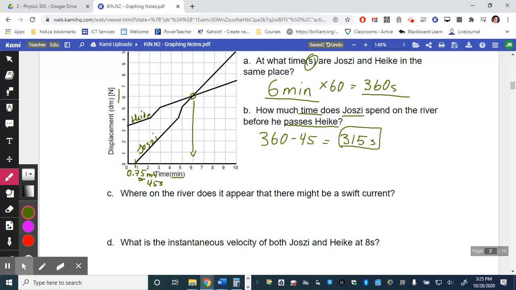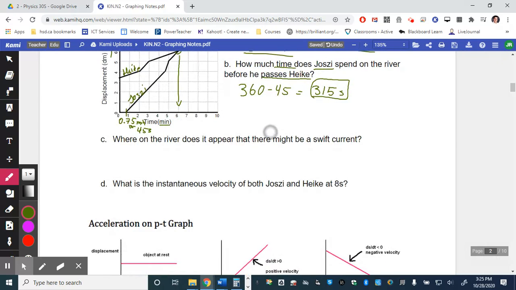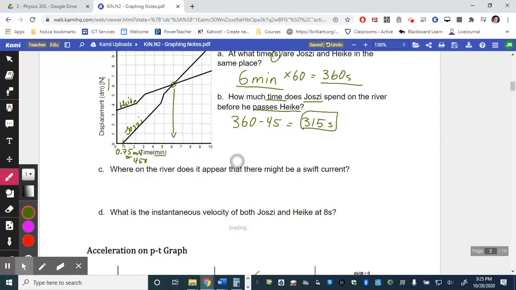Where on the river does it appear that there might be a swift current? The tempting thing to do here is to say, well, it happens twice. It happens here between 2 and 3, where you can see Heike just often speeds up. And then it happens again at 4.5 and 5.5. But wait a minute, those are times.